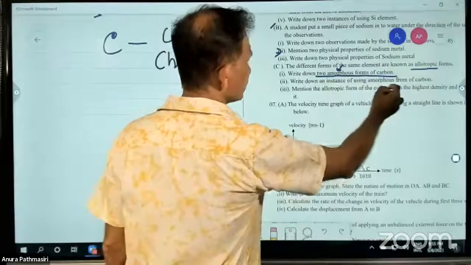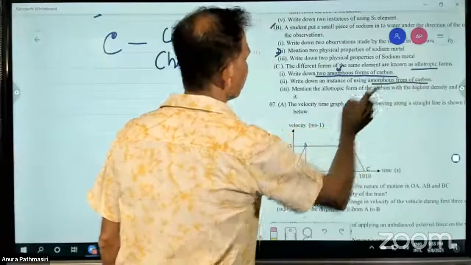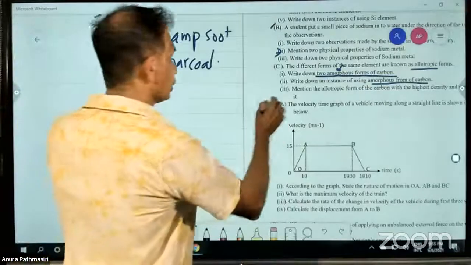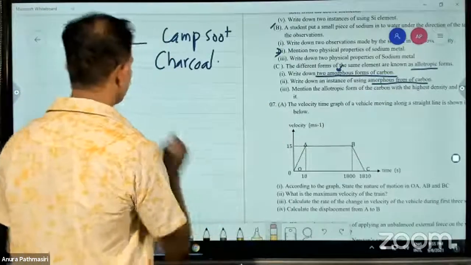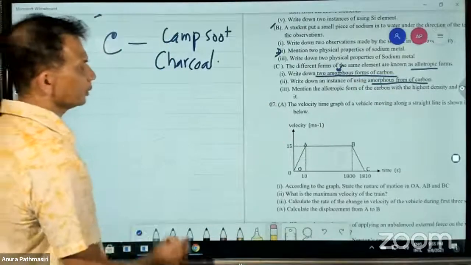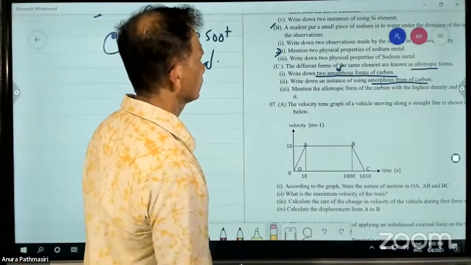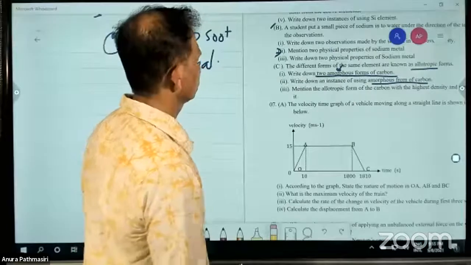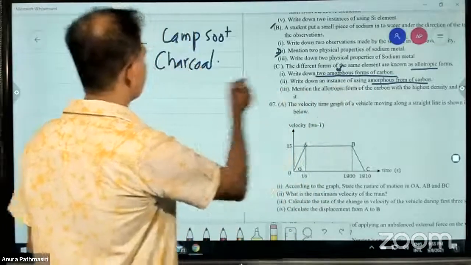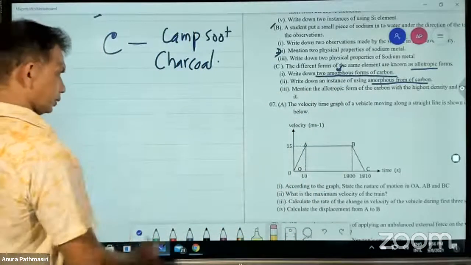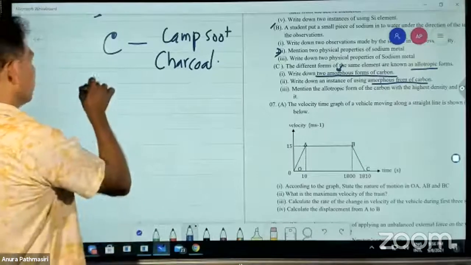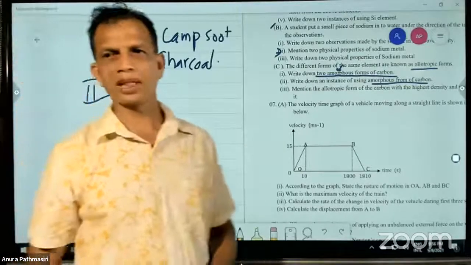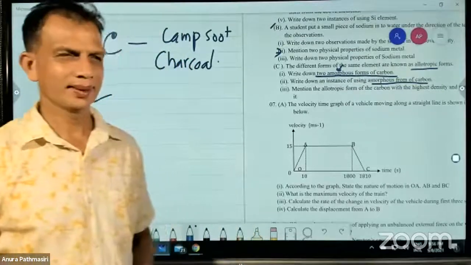Write down instances of using amorphous carbon. What are they? Producing black color ink, vulcanizing rubber.